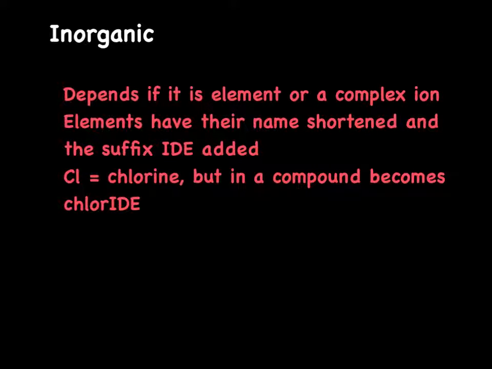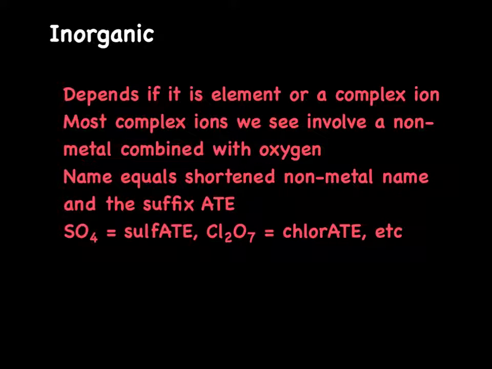Now it gets tricky when we do other ones, but we simply try to make it sound right. For example, nitrogen becomes nitride, sulfur becomes sulfide, etc. So we simply shorten the name, but only if it's a single element. Right? If we have more than one element, then the name changes.